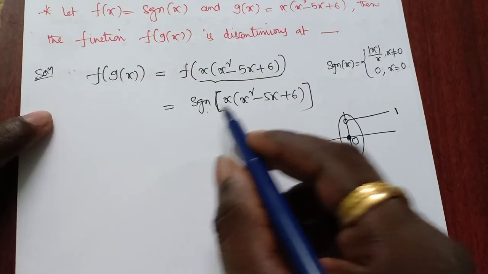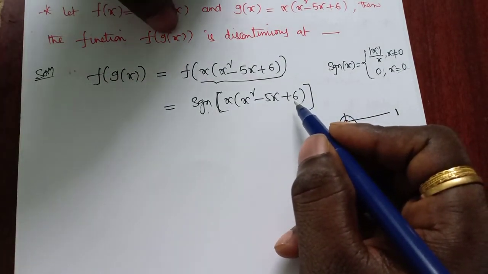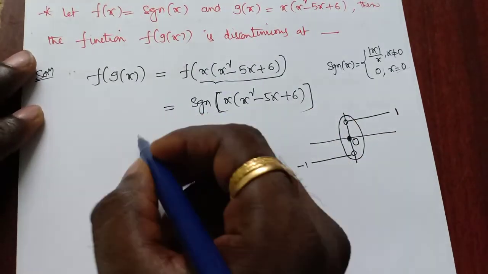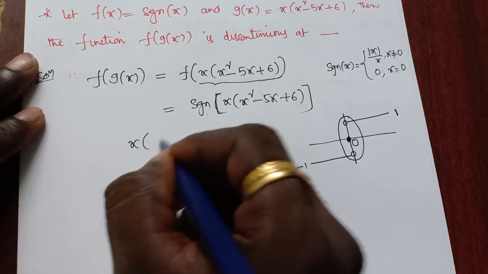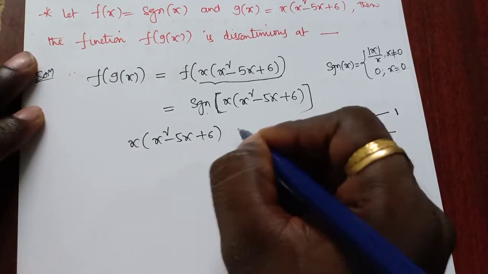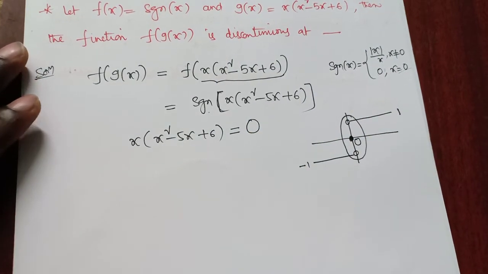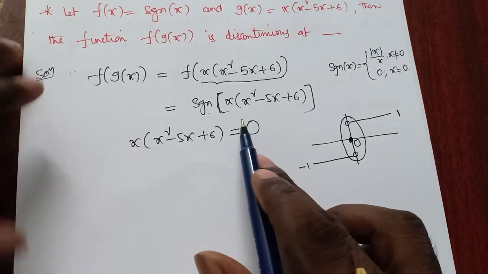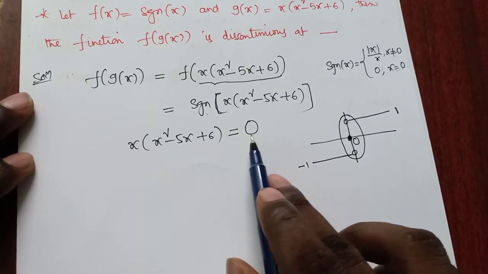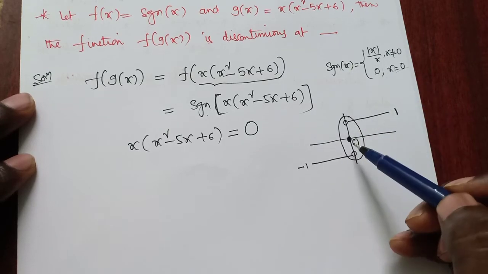So what we need to find is where f of g of x is discontinuous. Clearly, if x into x square minus 5x plus 6 equal to 0 only. Why? Because signum of x is discontinuous at x equal to 0.